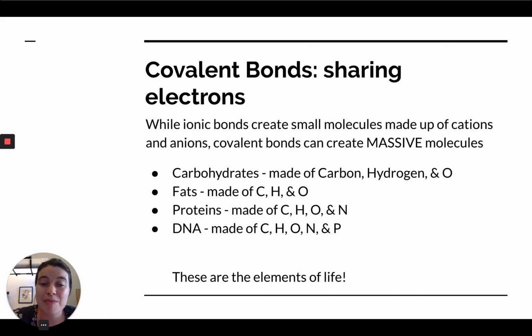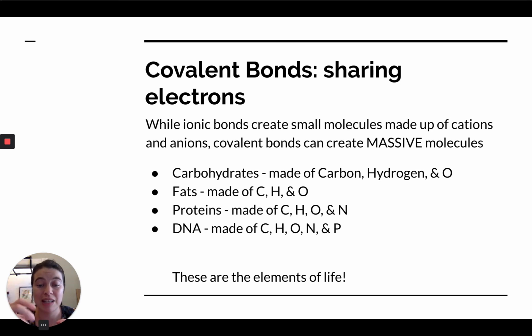Any carbohydrates that you have, carbon, hydrogen, and oxygen. All of the fat in your layers of skin, that's carbon, hydrogen, and oxygen. The proteins that make up your fingernails, your hair, all of that is carbon, hydrogen, oxygen, and nitrogen. The DNA that has all the instructions for how to make a human being, that's carbon, hydrogen, oxygen, nitrogen, and a little bit of phosphorus.